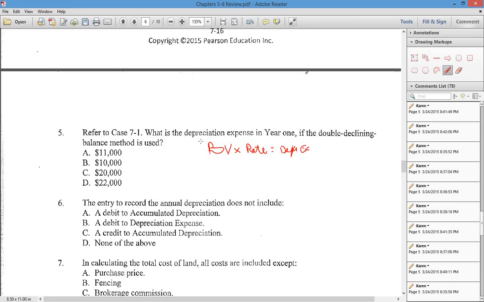I keep saying year, but we might be calculating it by the month. In the beginning of year one, the book value for this asset is its cost, because we don't have any accumulated depreciation. Its cost minus accumulated depreciation would be $110,000.